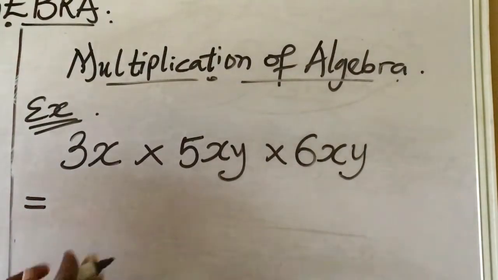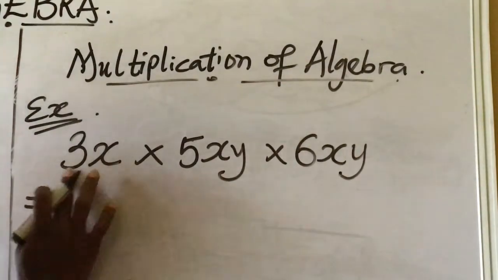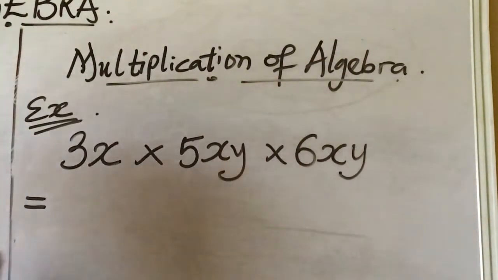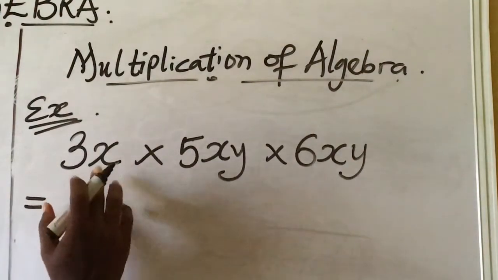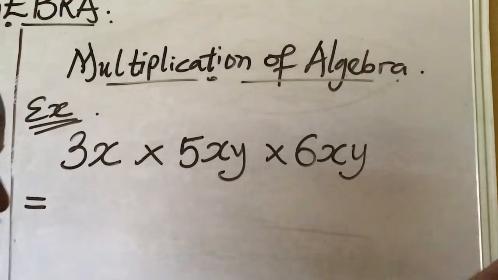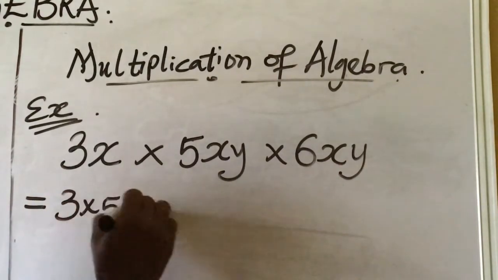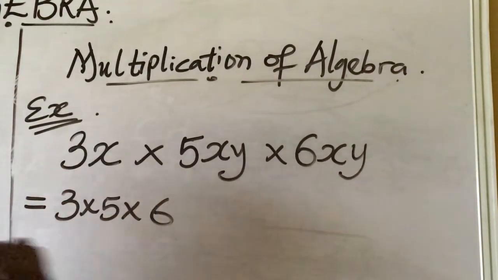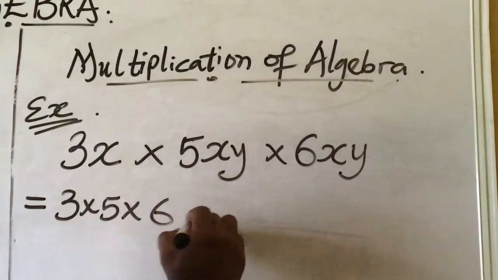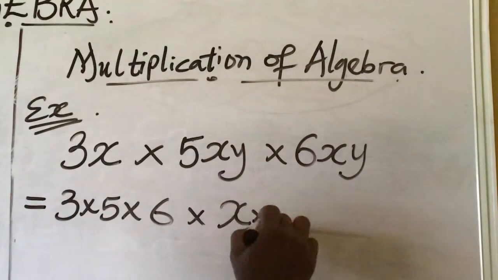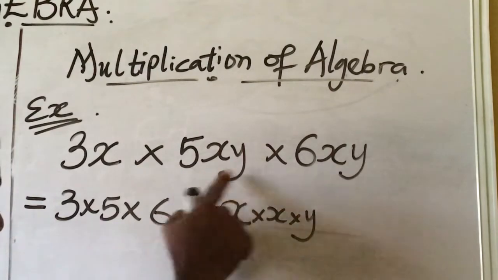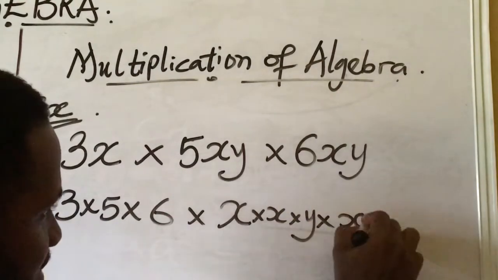All we need to do is to bring all the coefficients together to multiply each other, and the variables will also multiply each other. So we have 3 times 5 times 6, and we have x times y, then times x times y.